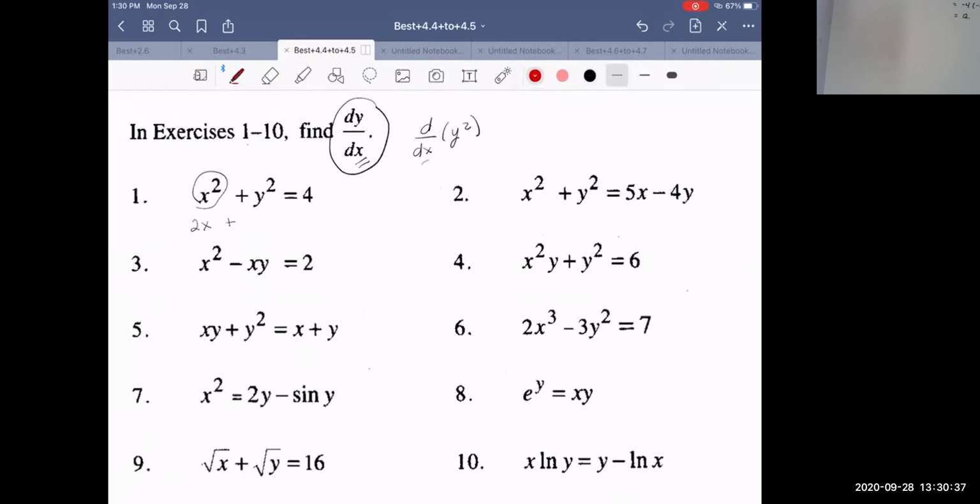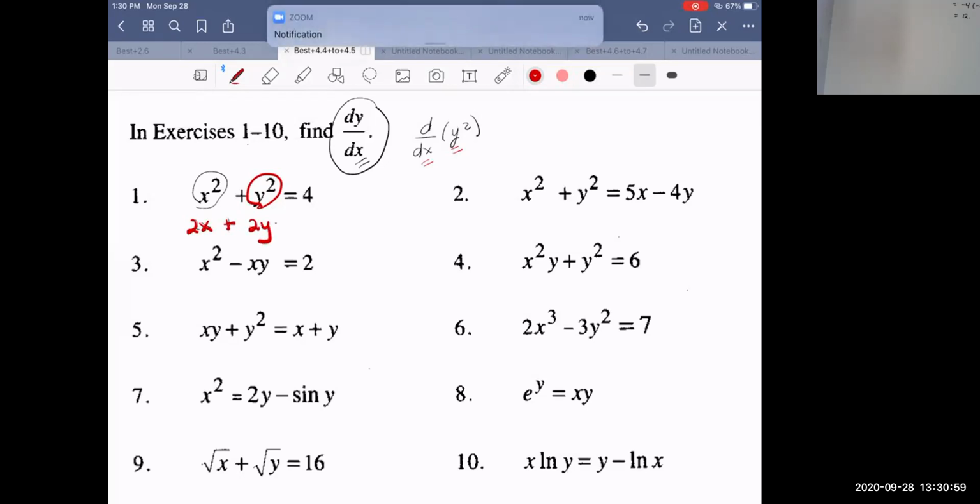And the x does not match the y. They're two completely different variables, right? That's not cool. So what we do is we take the derivative of y just like it were an x. So I say 2y, but I have to multiply that result by dy dx or y prime.